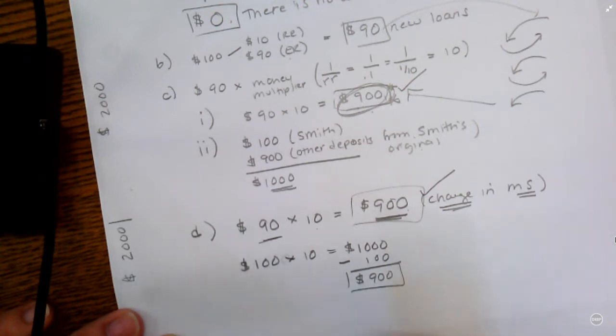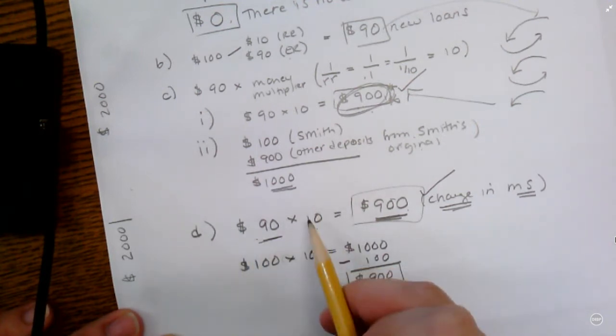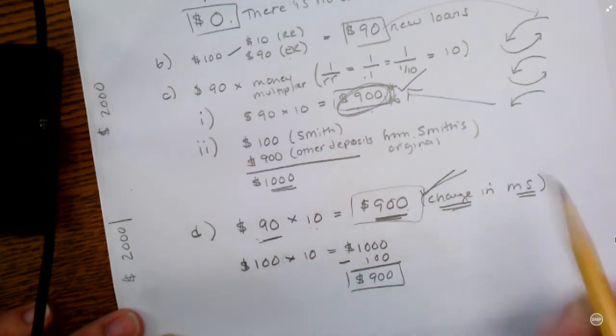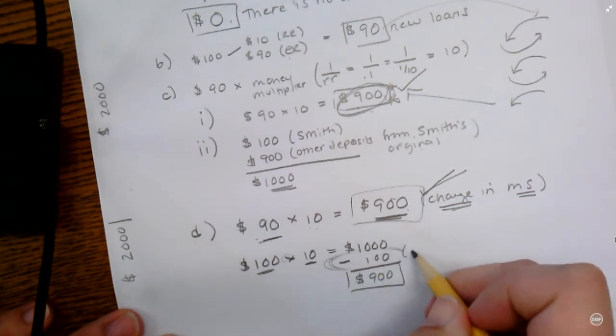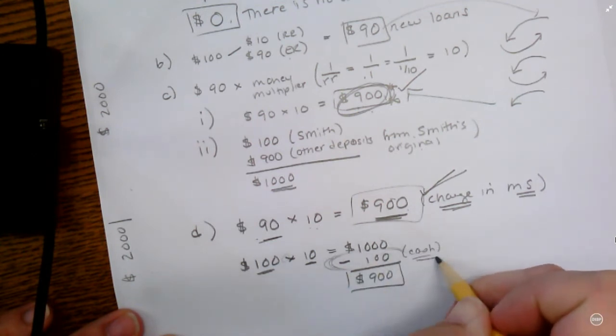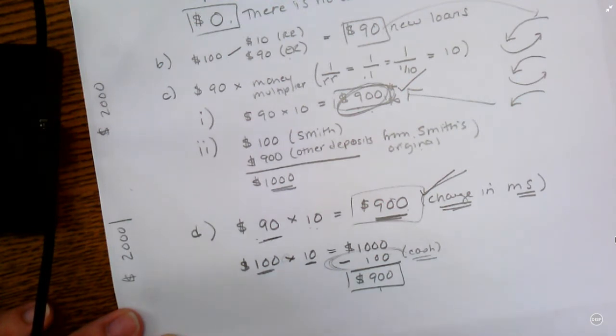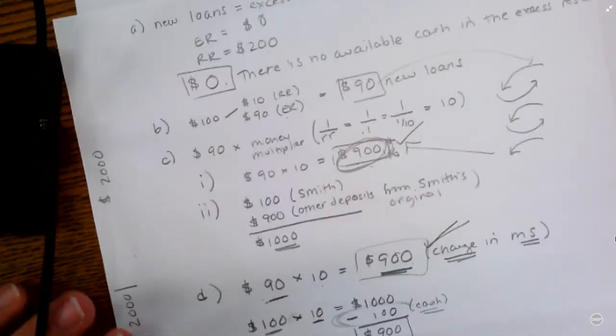Okay? So you can do it one of two ways. Excess times the money multiplier, boom. Or entire deposit times the money multiplier, subtract what was originally in the money supply, because remember, it was cash, and you get the same answer.